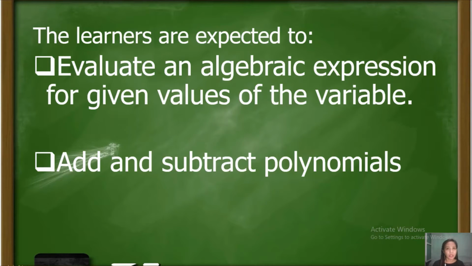Are you familiar with the words algebraic expression and polynomials? Maybe some of you already heard these words in your elementary days. But for some learners, we will learn later what an algebraic expression is and what polynomials are.